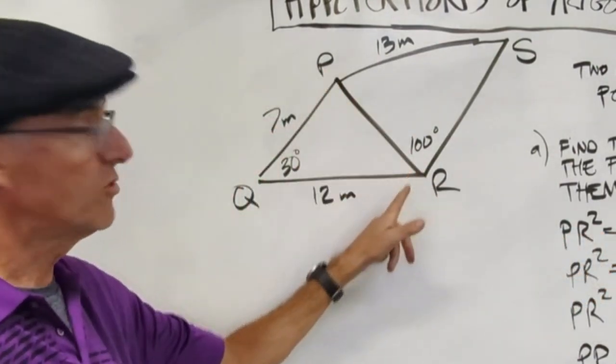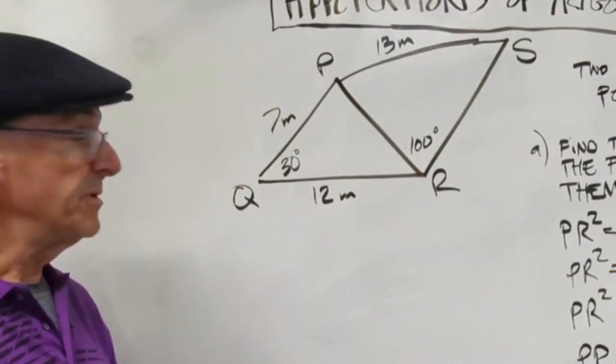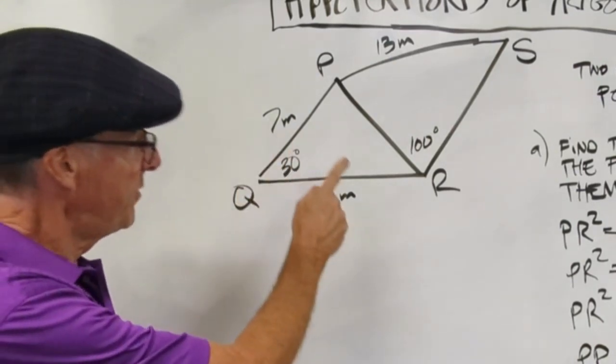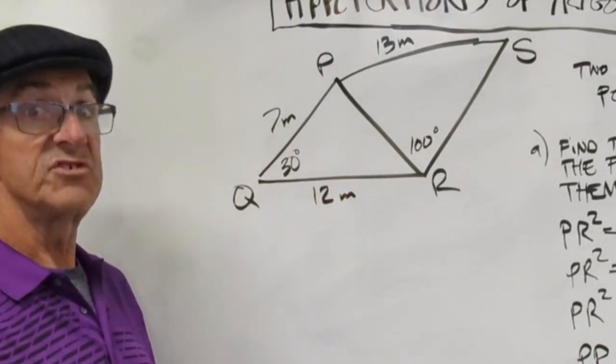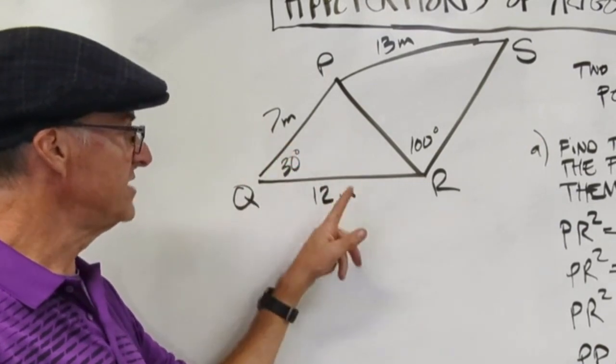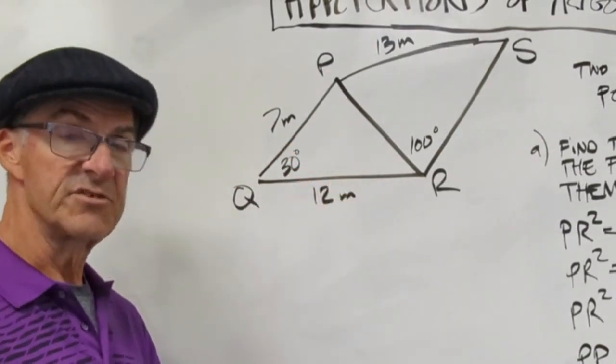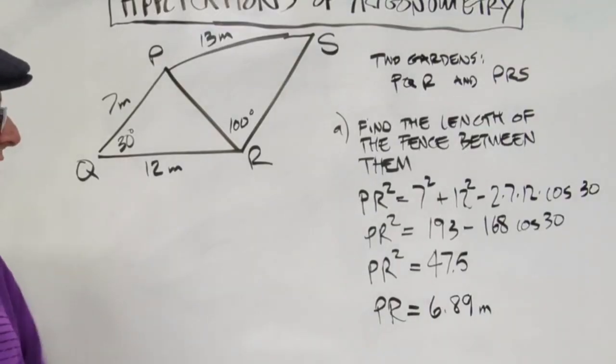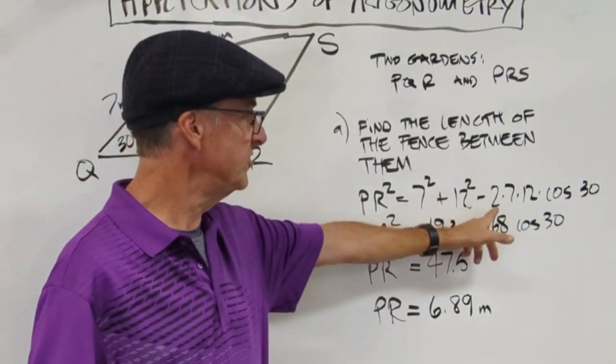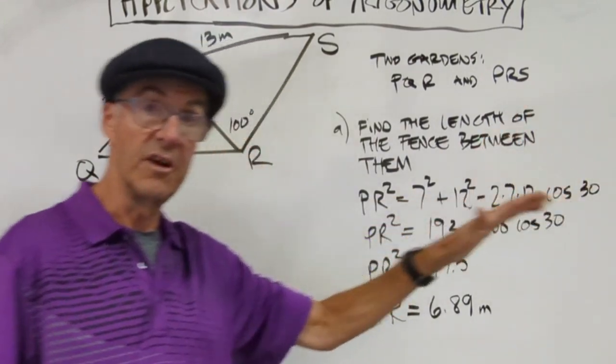So I have PR squared. And then I know that it's going to be equal to this side squared plus that side squared minus 2 times this side times that side times the cosine of 30. And that's where we get the name for this rule, cosine rule. So I've got 7 squared plus 12 squared minus 2 times 7 times 12 times cosine 30.